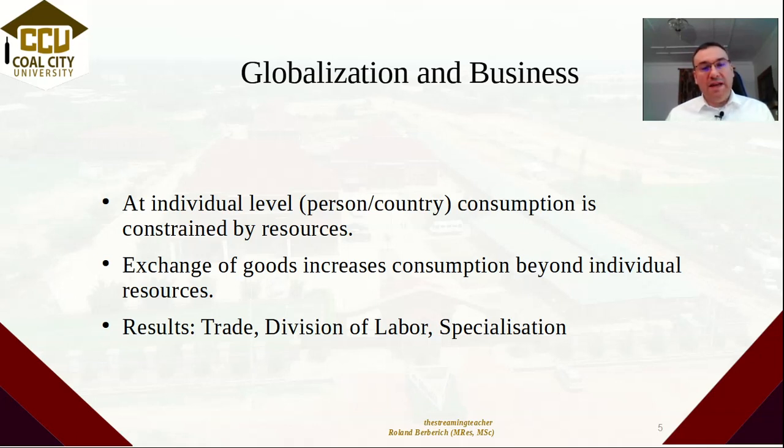What that does is increase our choice beyond the limits of our own production and resource capacity. The result of understanding that this is happening is obviously trade. The division of labor is rooted in this principle, and of course also labor specializations.